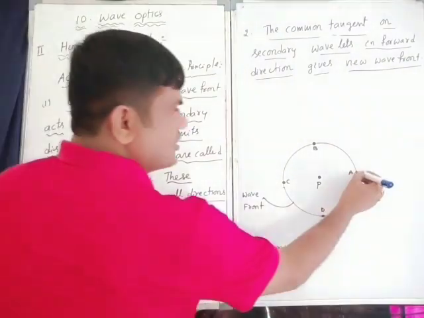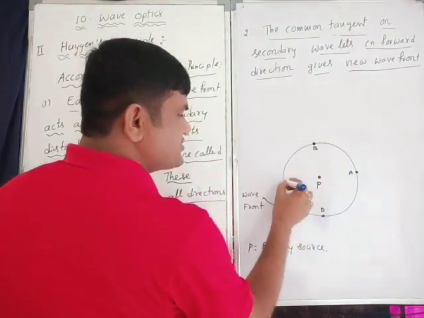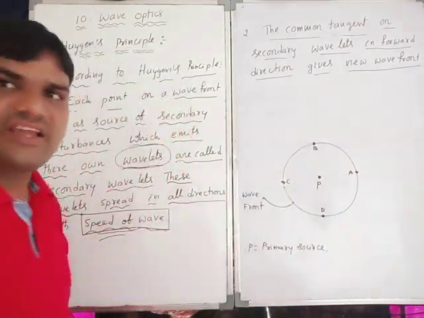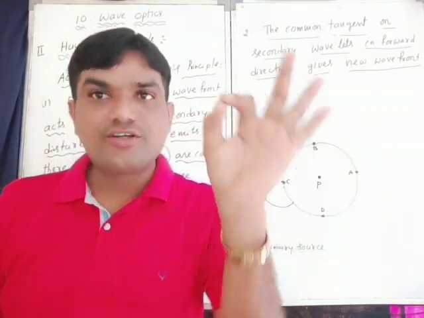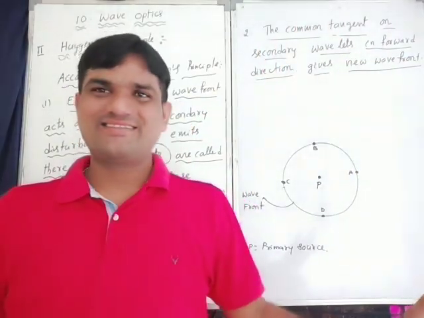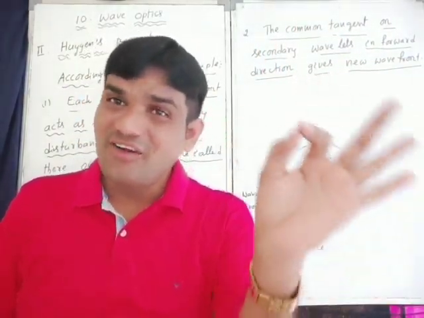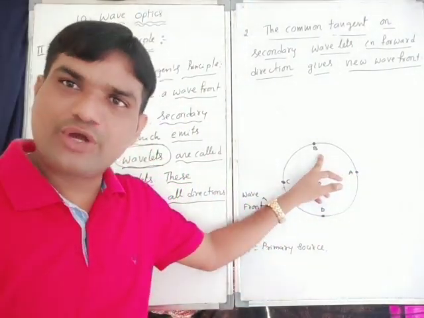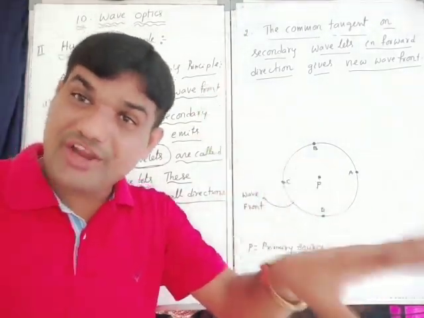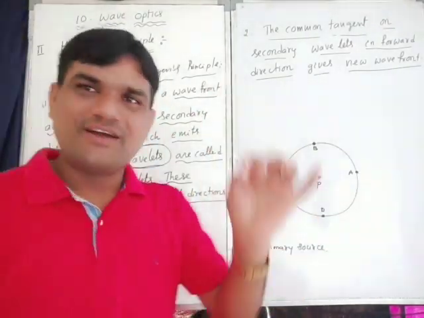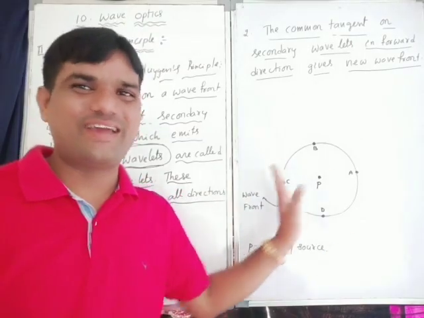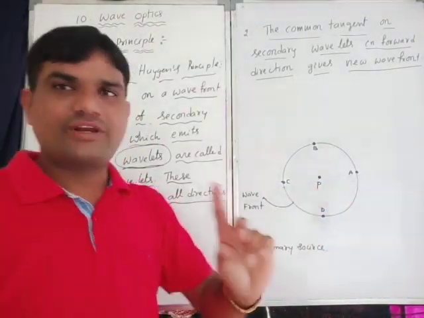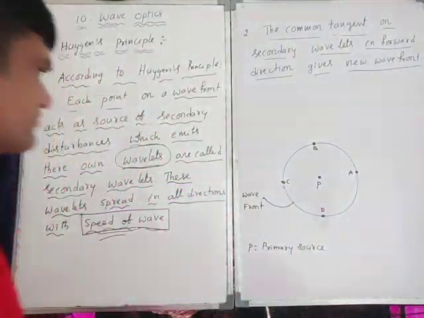That means A, B, C, D are points on the wavefront. A is a point on the wavefront, B, C and D are also points on the wavefront. I took only four points, but many points will be there. Nothing will happen.